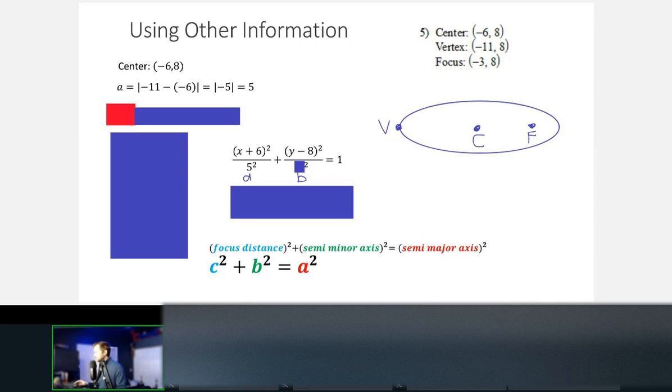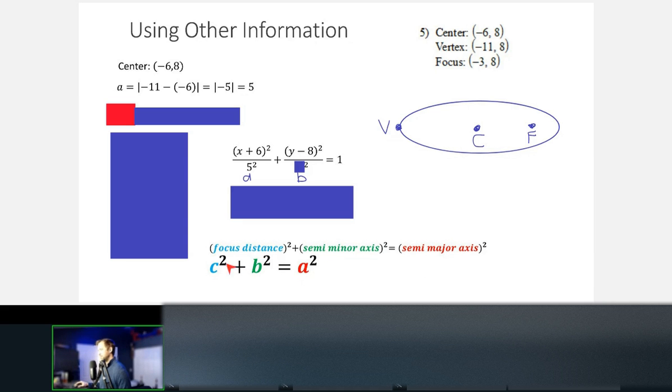So Rachel says we can use the focal distance to find it. And B's like, wait. Oh yeah. See, unfortunately I gave away, this was a hint, right? In order to solve your B value, we don't know what the B value is, the semi-minor axis length, but we do know what A is, right?